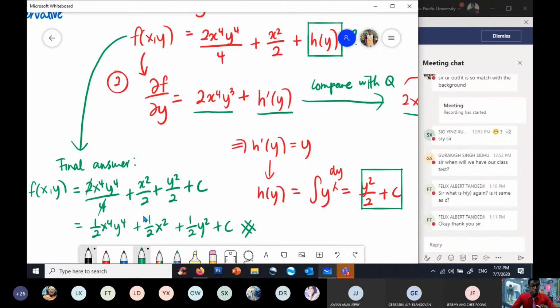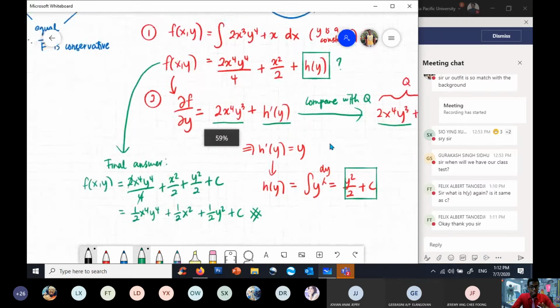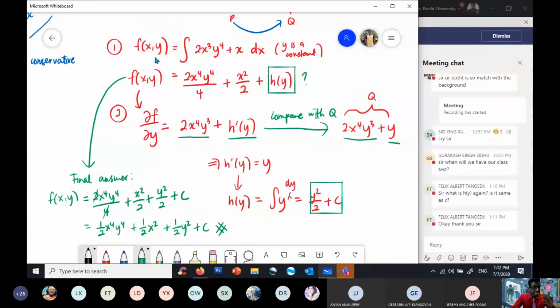A long process, but I break it down into two parts. The first part, just integrate the first component with respect to x and get your scalar potential. But you will realize that your scalar potential is incomplete because you don't know what is your hy yet. So the second part is dedicated to find what is your hy. How do you find it?